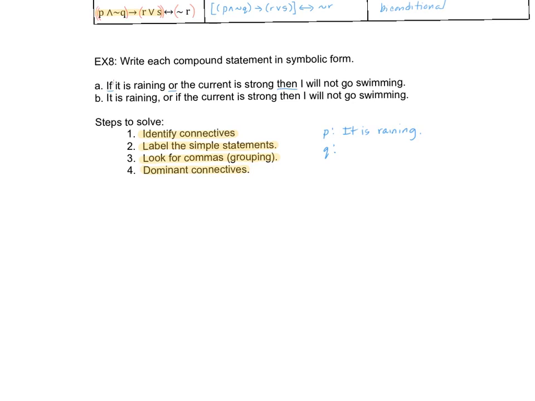So I have it is raining or the current is strong. That could be my Q. The current is strong. And then I have I will not go swimming. Okay, so when you're identifying your simple statements, what you want to do is ignore any negation. And instead, I'm going to have R be I will go swimming.